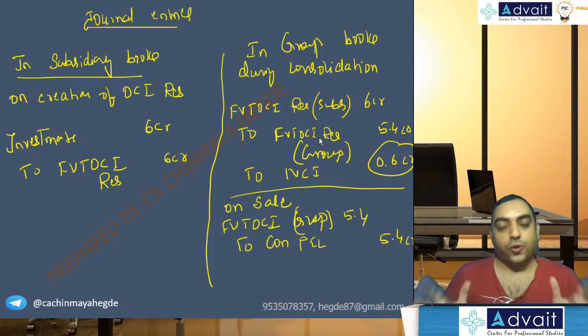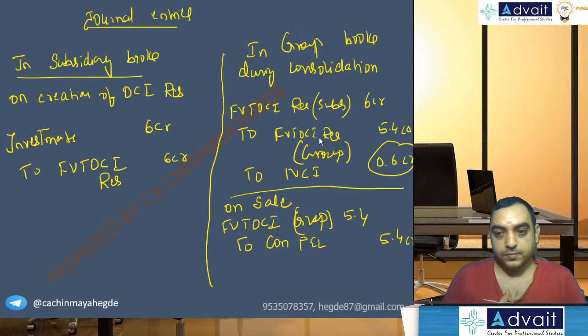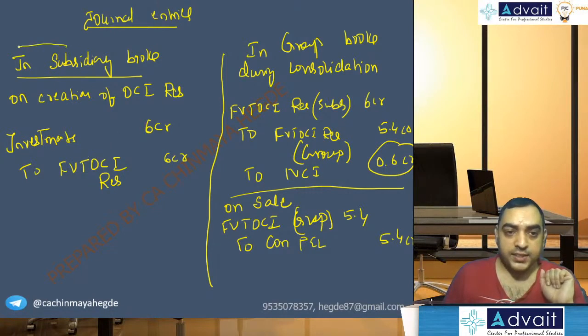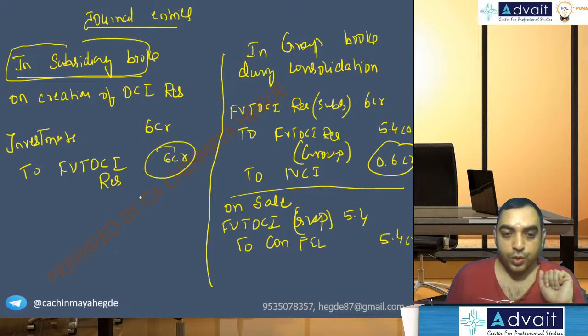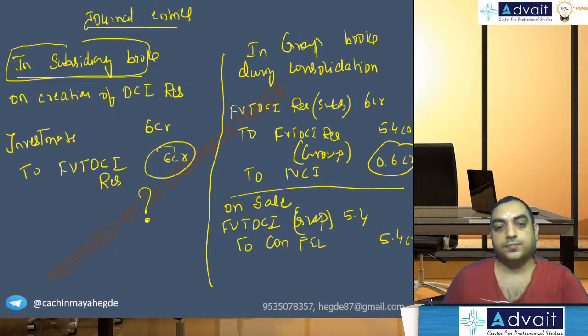Did you get the clarity now? Okay, nice. Then one question. What will happen in the subsidiary books to this 6 crores? What will happen to this in the subsidiary books?